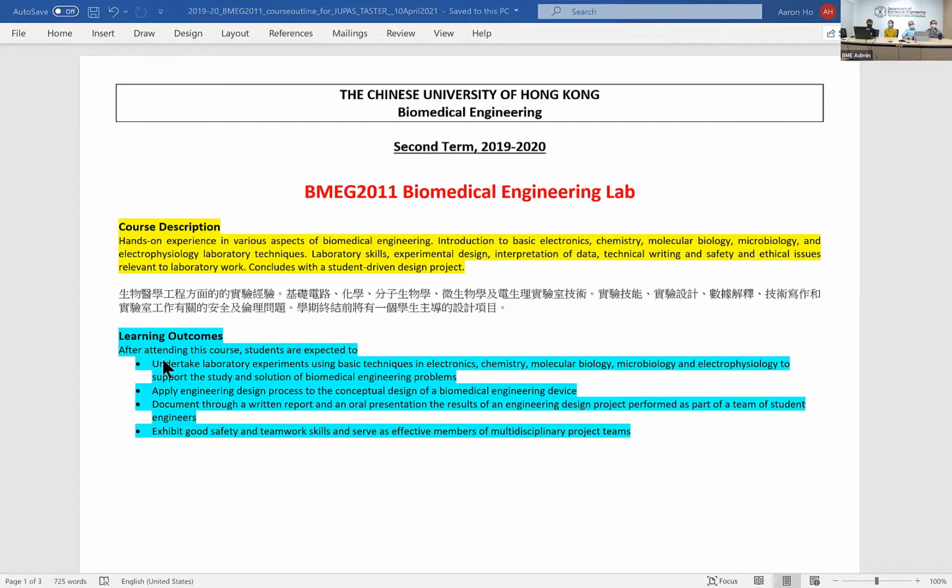It's a key component in the course document in which students are expected to acquire these skills after they have finished the course, okay? I'm not going to go through the details, but all the contents have specific objectives of training students for a particular skill set. So I'm going to go to the next part.